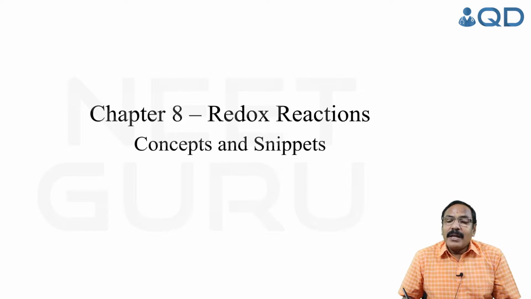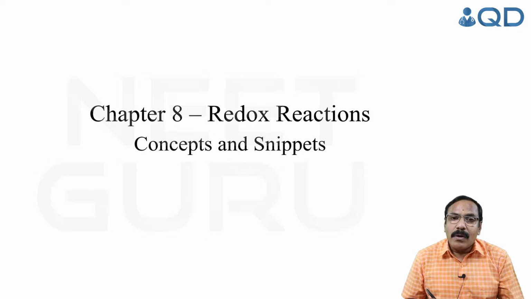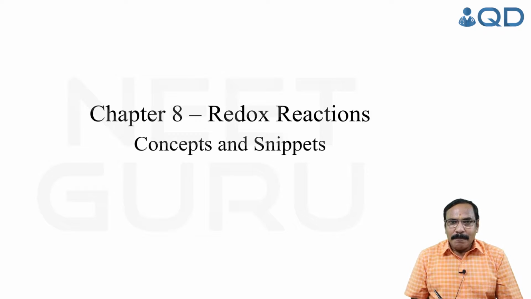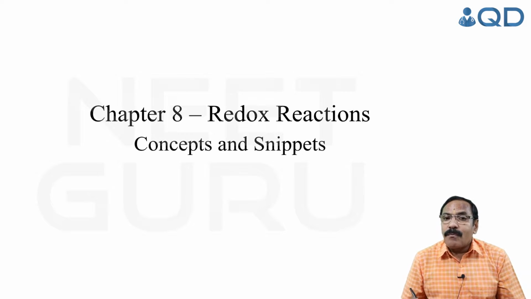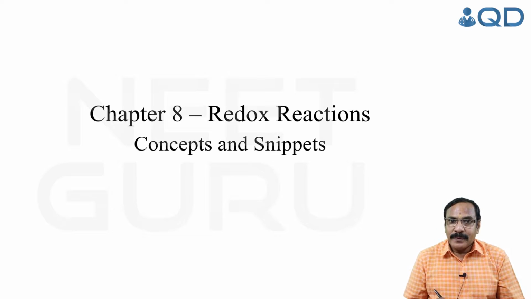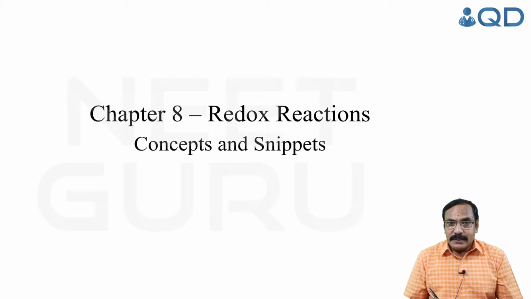One, a reduction, and the other a complementary reaction called oxidation. That's why these two reactions together are called redox reactions. I repeat, chemical reactions which involve transfer of electrons from one species to another, in which two reactions occur simultaneously.